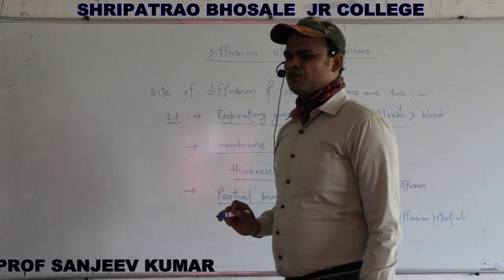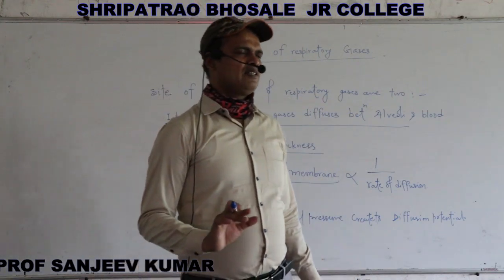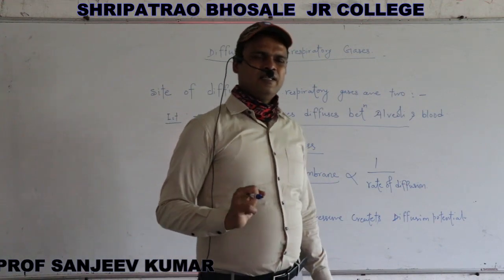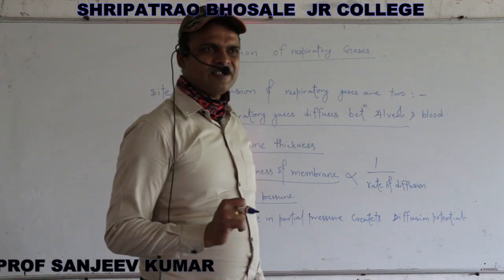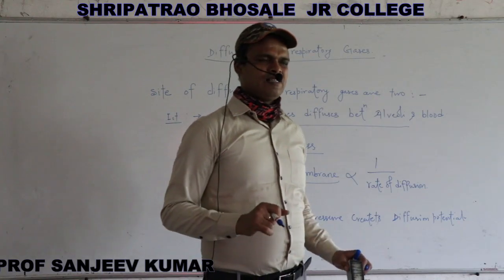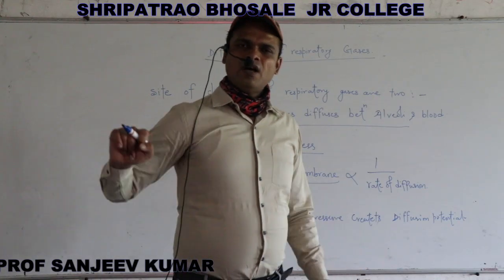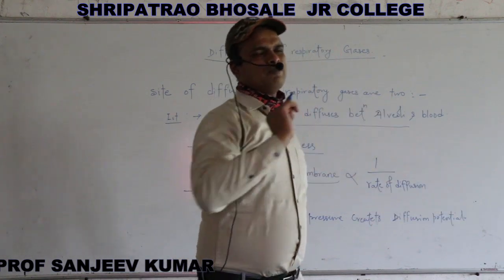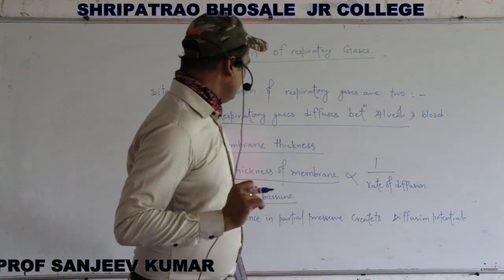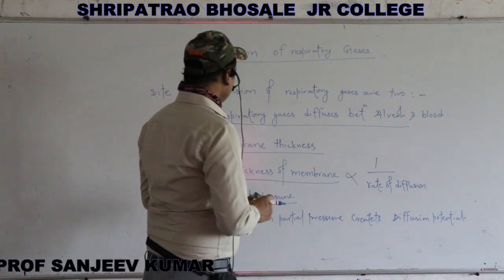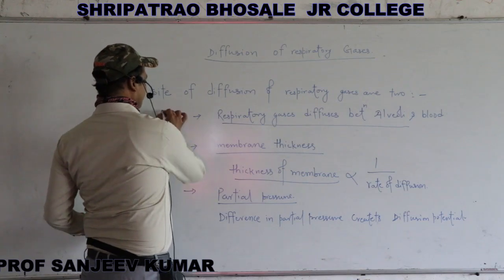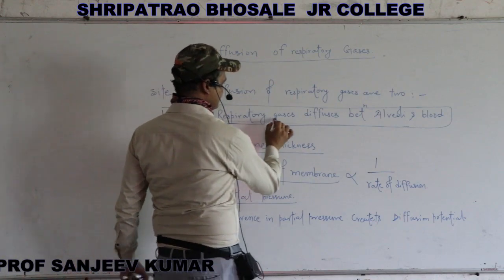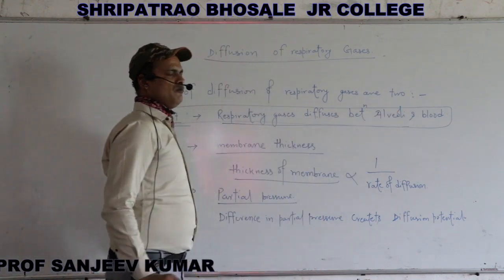And as you know, the basic law, the thumb rule of diffusion, is that diffusion of respiratory gases or any gases takes place from the higher partial pressure to the lower partial pressure. Now I am going to the first site, where respiratory gases diffuse between alveoli and blood.